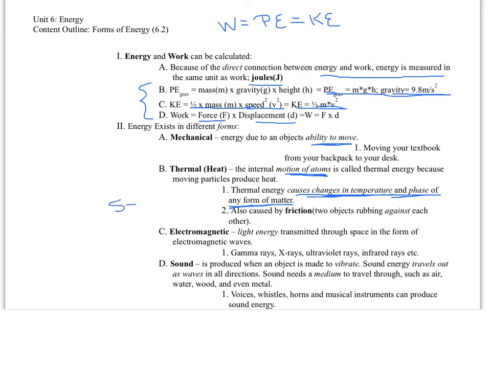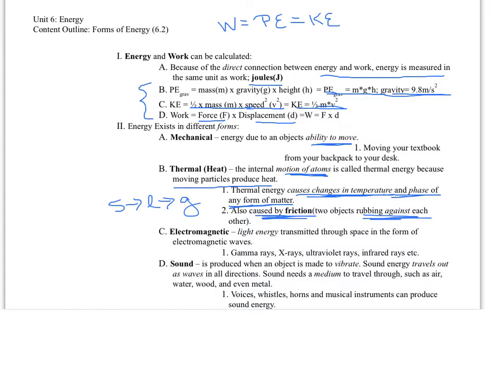Remember, phase is going from a solid to a liquid to a gas. So when we increase thermal energy, that causes the temperature to go up because it causes the particles to move faster, and that will change their state. Also, thermal energy or heat energy can be caused by friction, and friction is just two objects rubbing against each other.